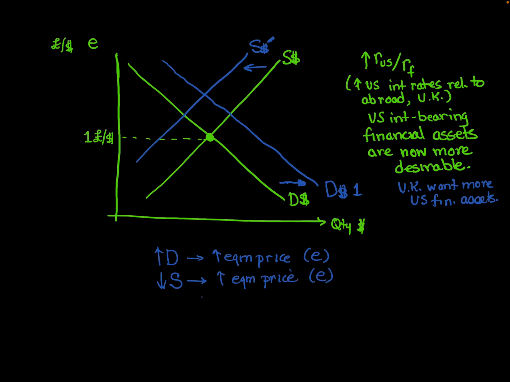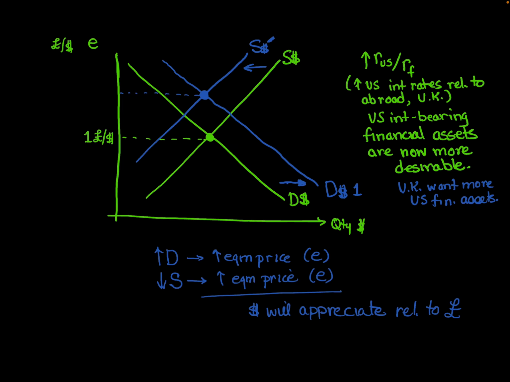So both of these shifts together, for sure, are going to tell us that the dollar will appreciate relative to the pound. And we can see that here, that the new exchange rate is going to be where the blue supply and demand curves intersect.